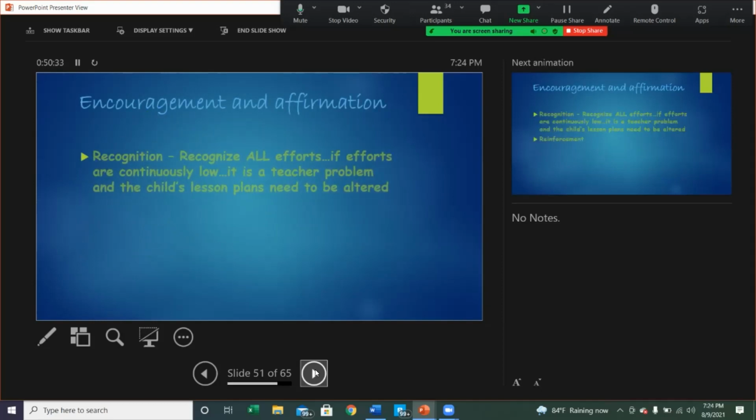Always recognize efforts. If efforts are always low, it's a teacher problem. And the child's lesson plan should be altered at that point. And that's another concept. I really want to do a training sometime this year, maybe January, on this book that I studied in one of my early childhood classes. It's called The Parent Toolbox.